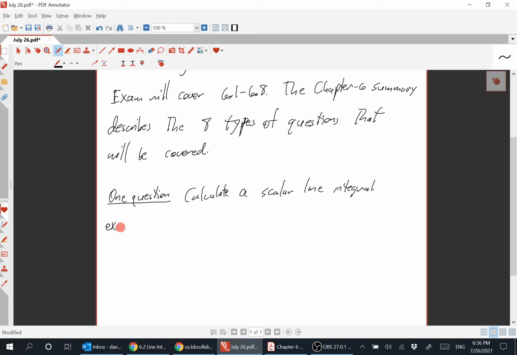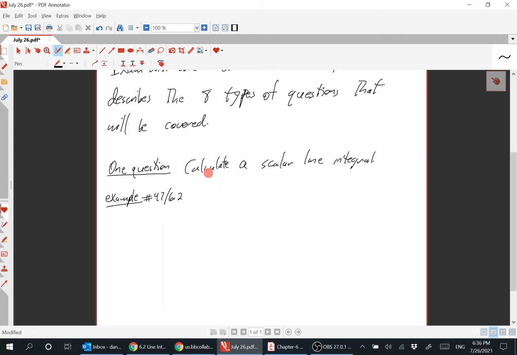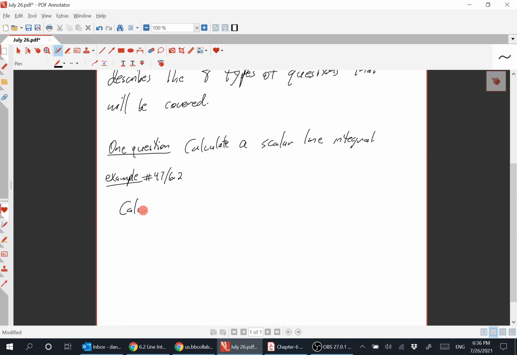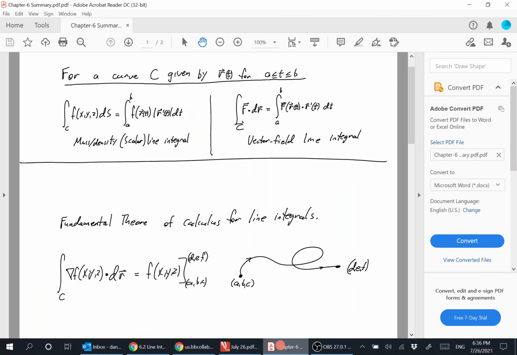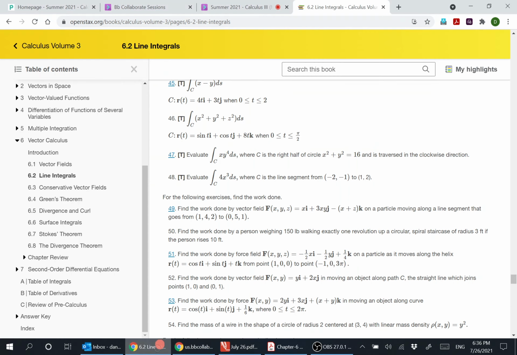Example number 47, 6.2. Calculate the line integral over C of x y to the 4th where C is the right half circle of radius 4, traversed in the clockwise direction.